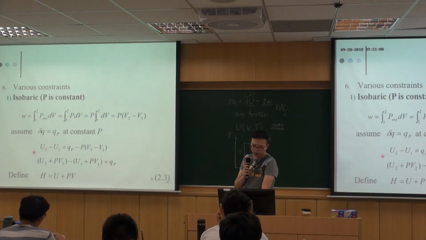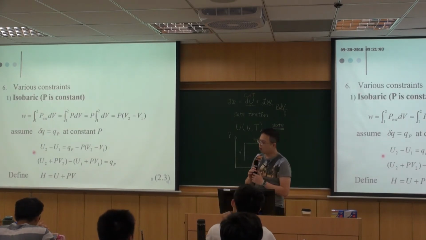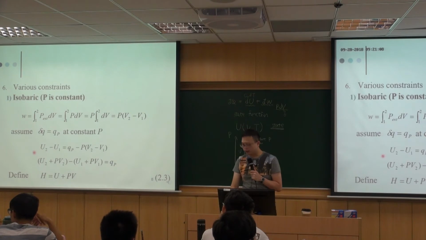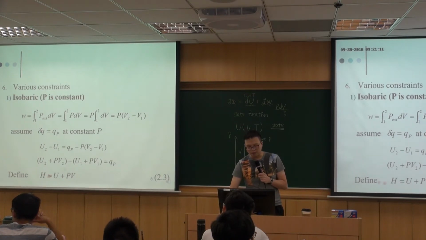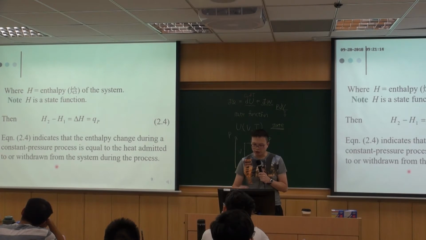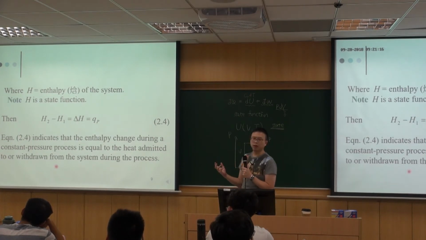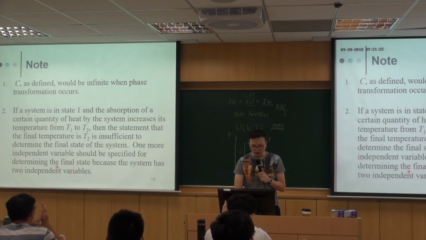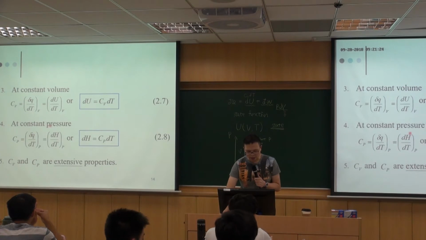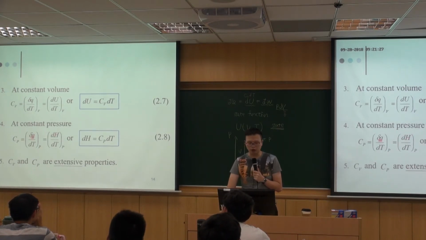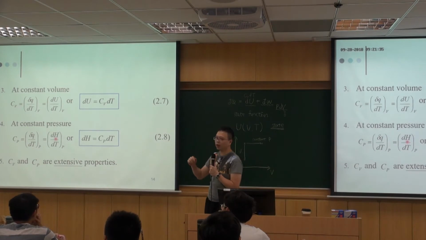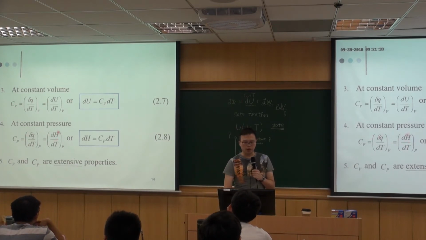If you don't remember, last time we spent some time to talk about isobaric, the constant pressure process, and we know that the change of the heat is the change of enthalpy. So in the constant pressure process, the enthalpy is a state function, and it represents the change of heat. So in that case, we can write this as dH over dT, because delta Q in the constant pressure process is dH. So note that when you're dealing with constant volume process, you cannot write delta Q as dH, right?